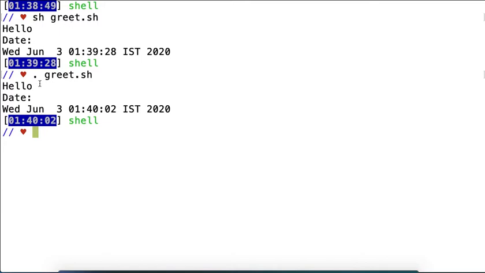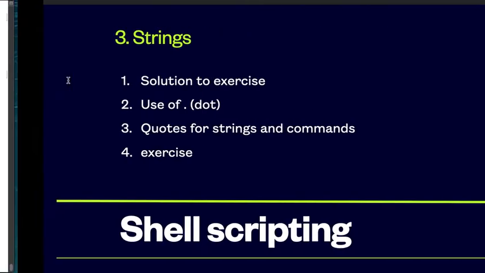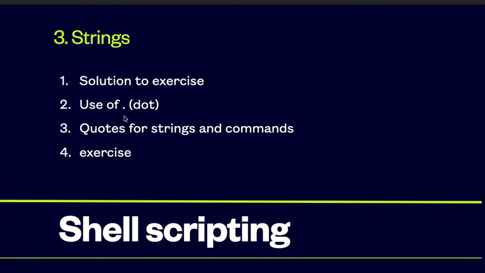When there is a dot, it executes in the current shell itself. This is many times an interview question: they might ask you how you will run a shell script in the current shell. This is the answer: with dot and then the shell script, the script will run in the same shell. So this is about the usage of the dot.